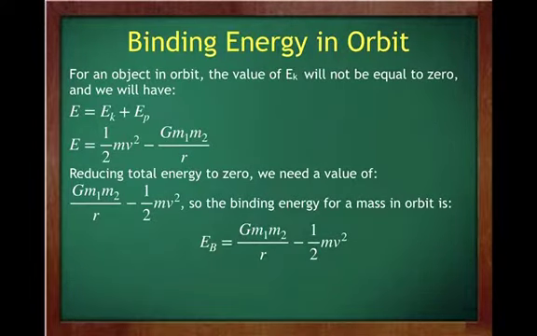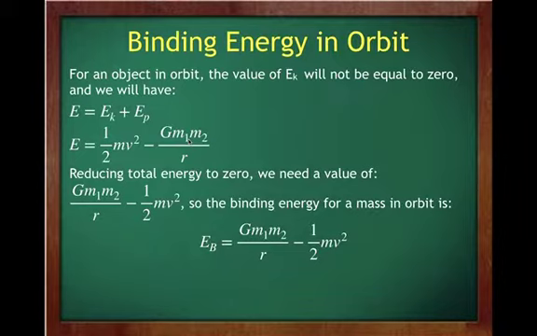And same kind of thing in terms of binding energy in orbit. So if something is in orbit and it's not completely gone, then there is still some gravitational potential energy, and there's kinetic energy as well because it is moving. It's not stationary on Earth, it's rotating in orbit there. Then your total energy is a combination of its kinetic energy and its gravitational potential energy.